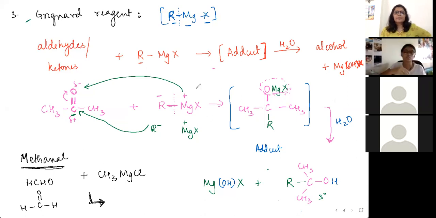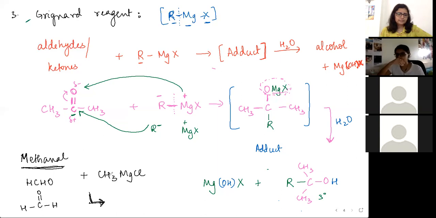But yes, coming back to it, suppose in your exam, in the MCQs, if they ask about the adduct in this particular reaction, then you need to figure out the mechanism. But if you have to figure out only the final product, you don't really care about the mechanism.